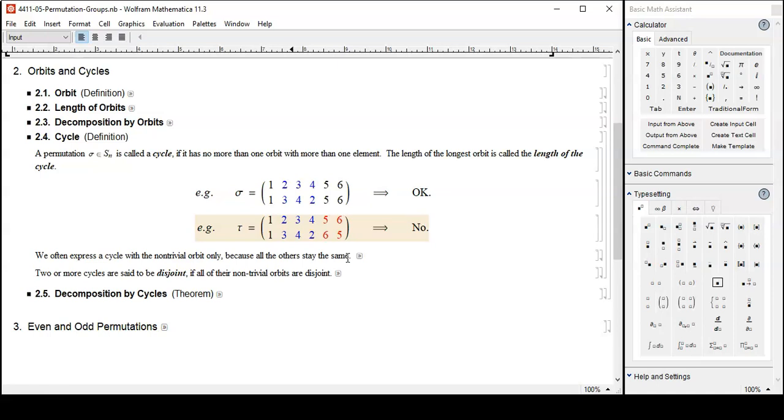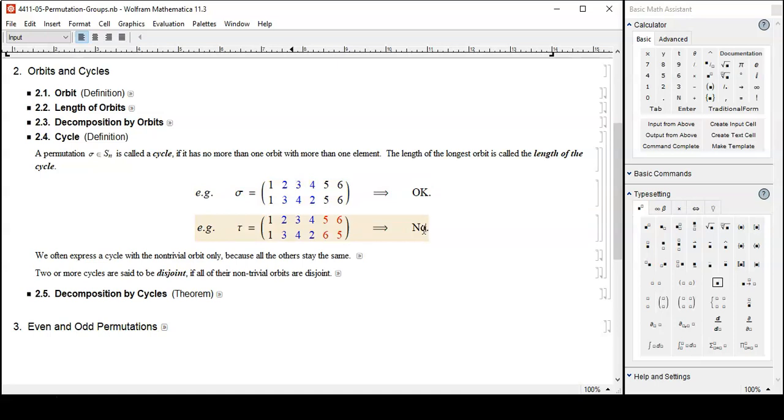So we have 2 orbits of lengths greater than 1, a 3 orbit and a 2 orbit, so this is not a cycle. This one is because we have blue, which is a 3 cycle, an orbit of 3, and otherwise just trivial orbits, just staying at the same place, length of 1. So cycle, yes. This one is not.